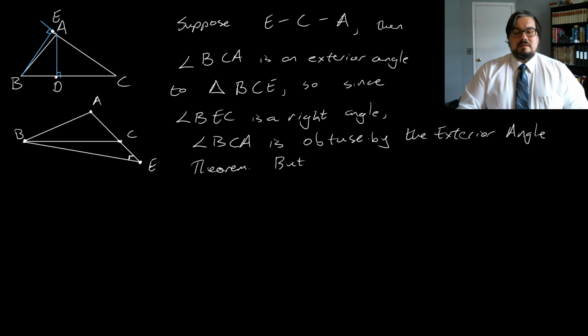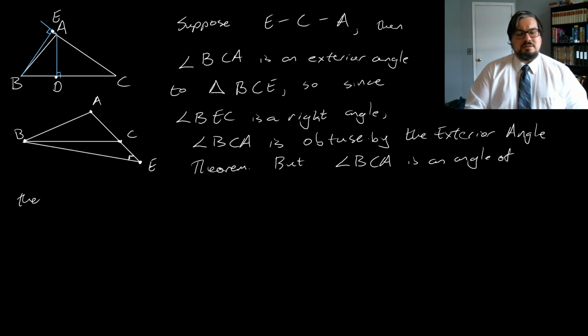But angle BCA is an angle of the right triangle ADC, which is a contradiction.